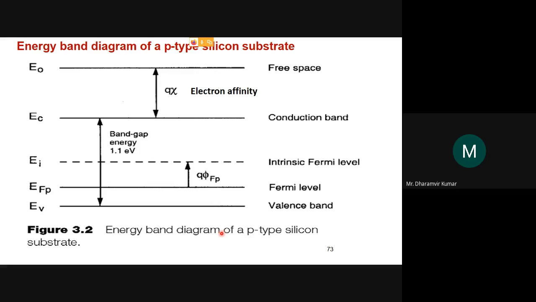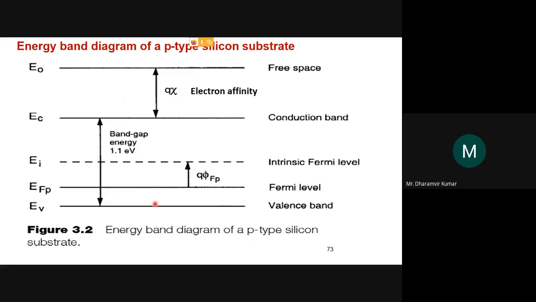Look at this, this is the energy band diagram of a p-type silicon substrate. Let's start from the bottom. An energy band diagram represents some energy levels.